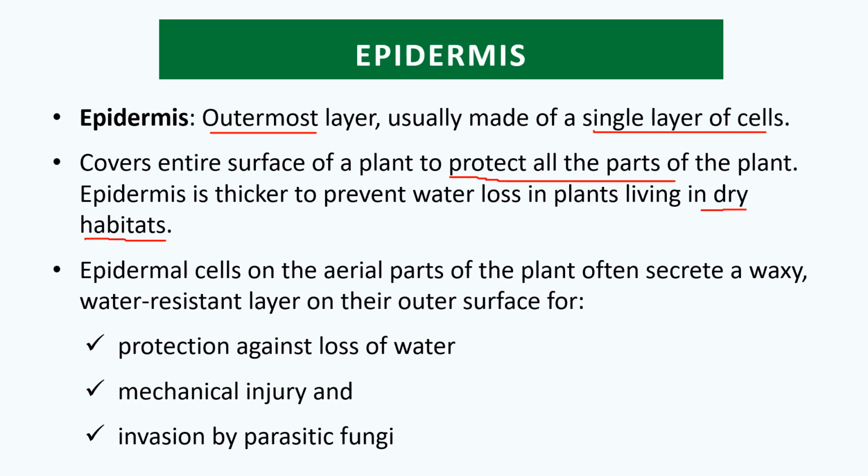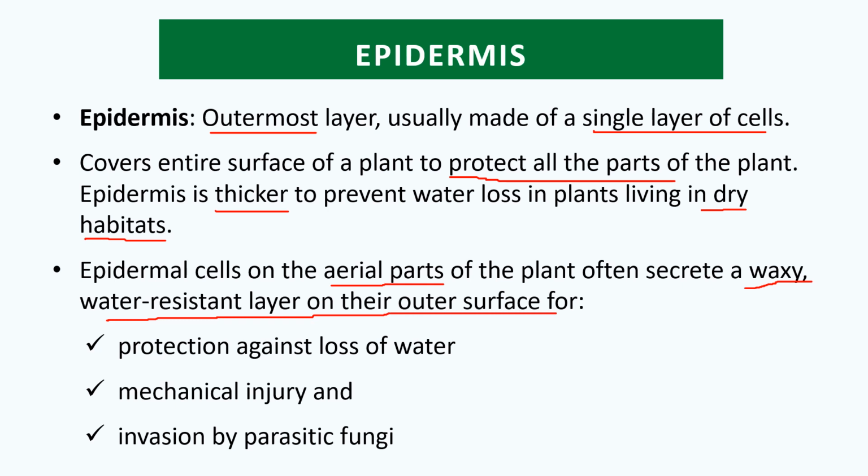So in those plants which grow in dry habitat, the epidermis is thicker to prevent water loss. Epidermal cells which are present on the aerial part of plant, वो एक waxy water resistant layer को secrete करते हैं, ठीक है, on the outer surface। क्यों?